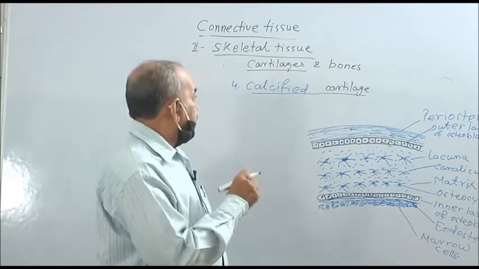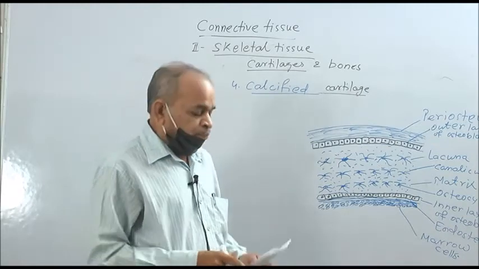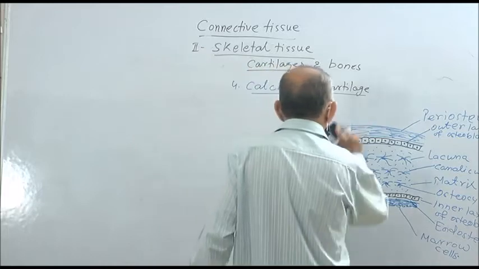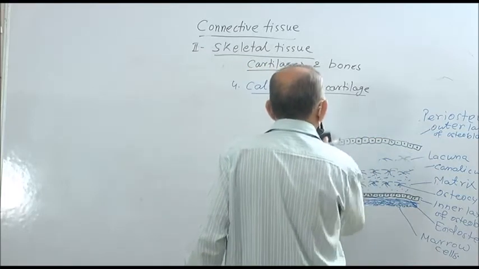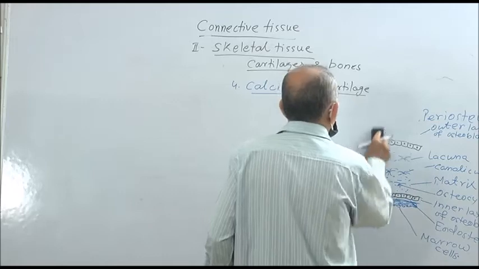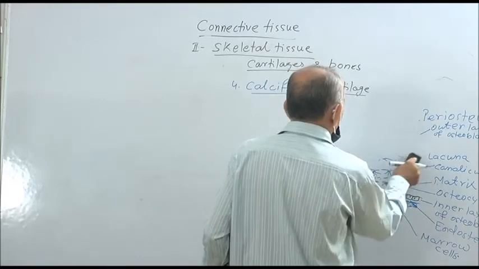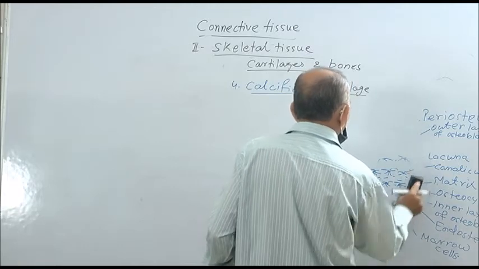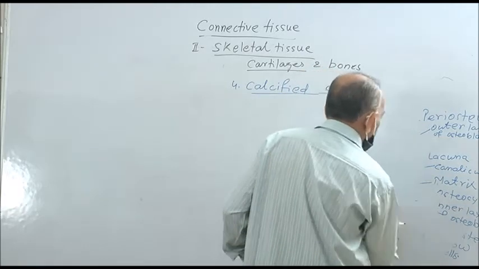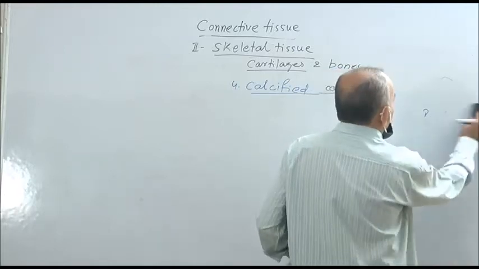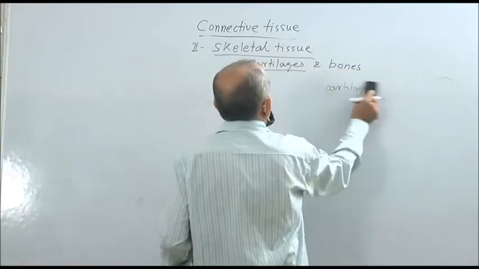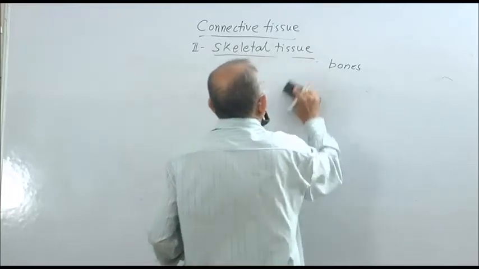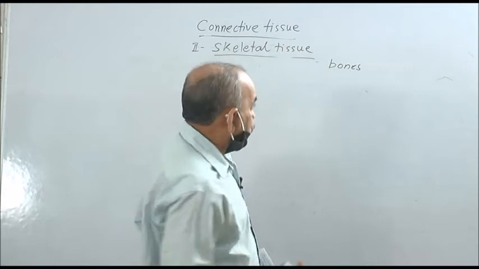So, these are the 4 types of cartilages. Then the bones.